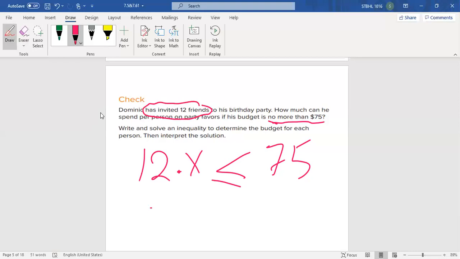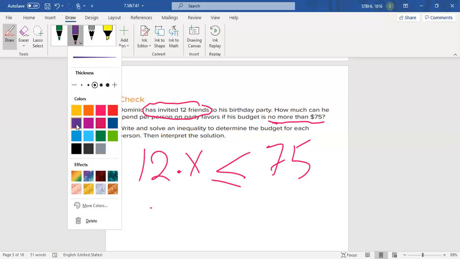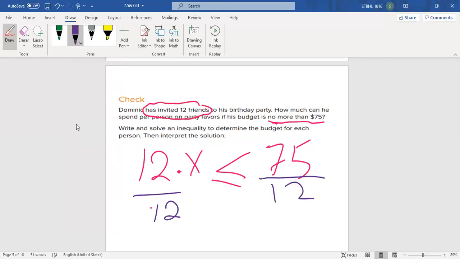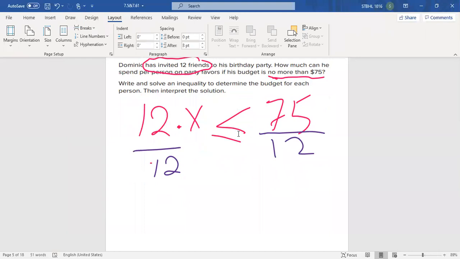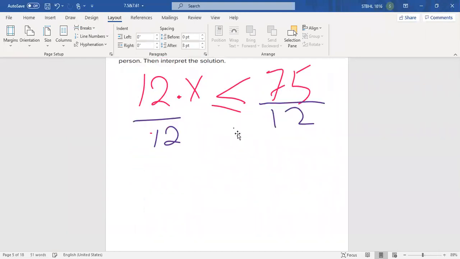Can you solve it? Of course, yes, because I have just a one-step multiplication inequality, so I undo the operation. I have multiplication, so I have to divide both sides by 12. Do I need to change the inequality sign? Of course not. Why? Because I didn't divide by a negative coefficient.